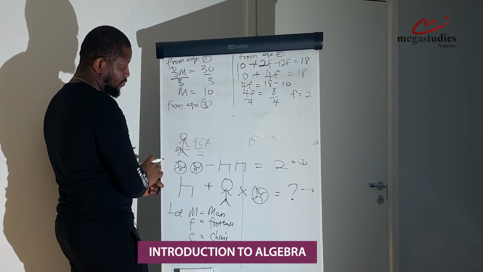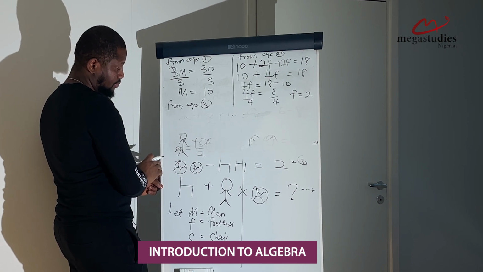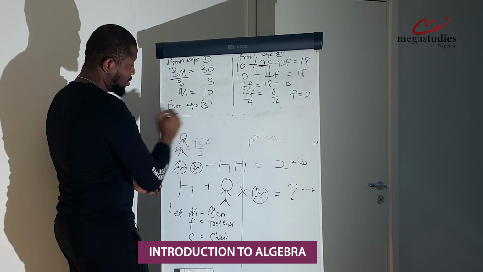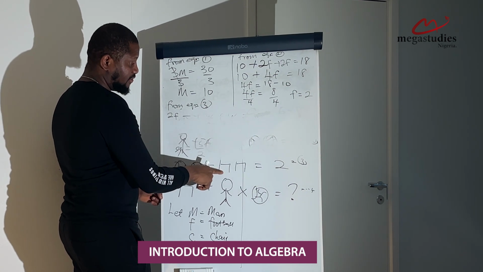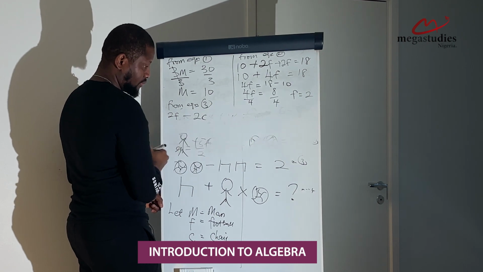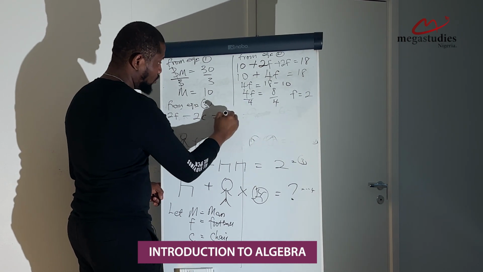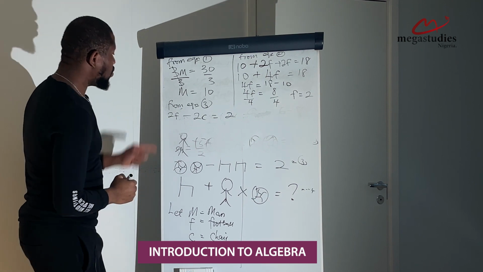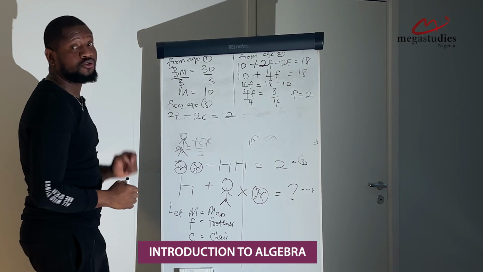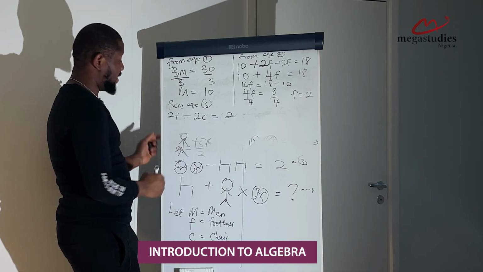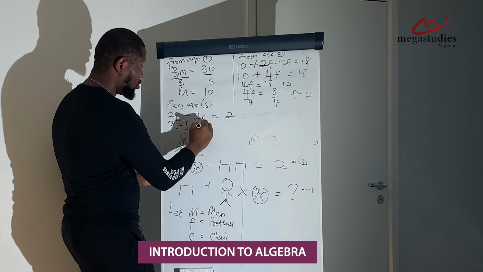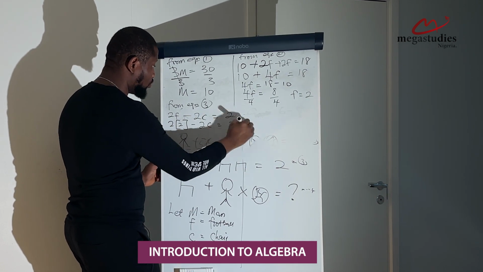This is 2 football minus, this is 2 chair, equals to 2. We already know the value of football. The value of football here is 2. So we substitute the value of football there. It will be 2 into 2 minus 2 chair equals to 2.